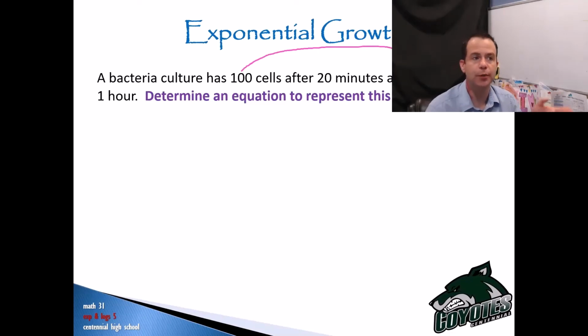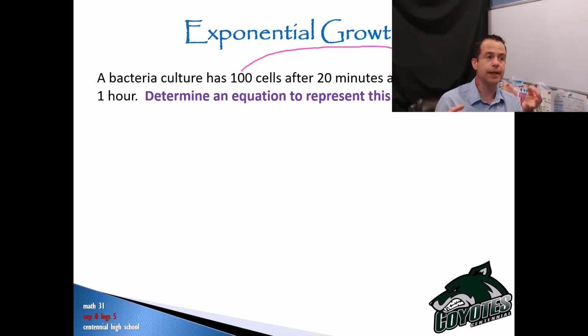Well, I started at 20 minutes and went to an hour, so that's 40 minutes that have passed. But I want to do that as an hour because I don't want to change my units around. I don't want to talk about minutes in one moment and hours in another moment. So I need to do this in hours the whole way through. So 40 minutes is 2/3 of an hour.